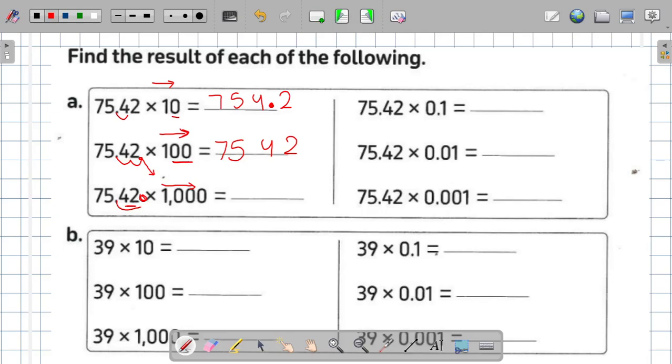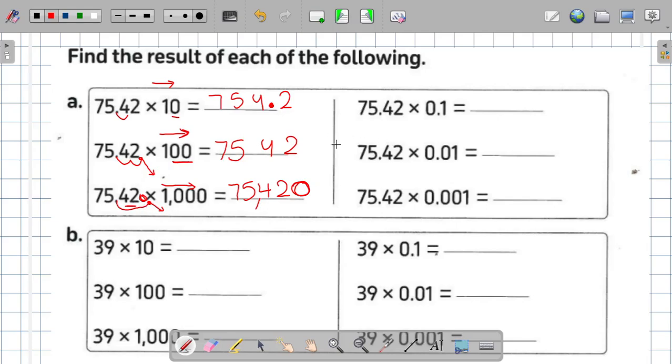So I will cross 4, 2, and 0, and the decimal point will be here and 4 down. So the result will be 7, 5, 4, 2, and 0. So the result will be 75,420. So maybe I need to put zeros to help me to get the answer.